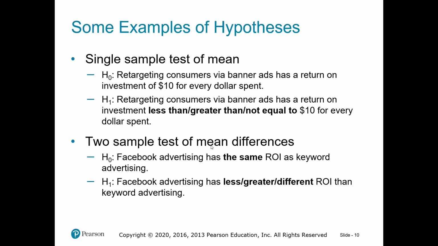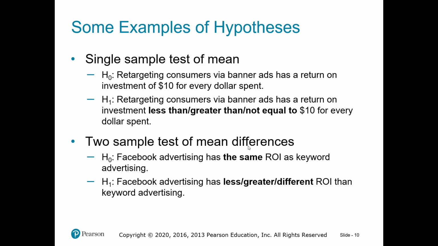So we can also test that. I gave that example of the managers having different success metrics, but here's one in the same domain as the previous example. Facebook advertising has the same ROI as keyword advertising. So maybe we run multiple advertising campaigns, some via Facebook, some via keyword, and we measure the ROI.